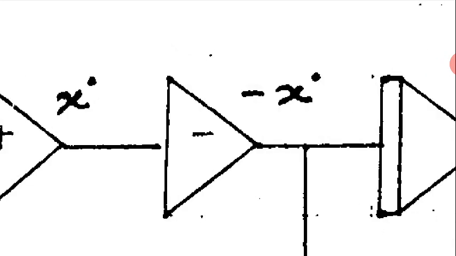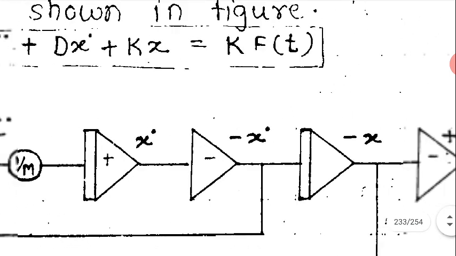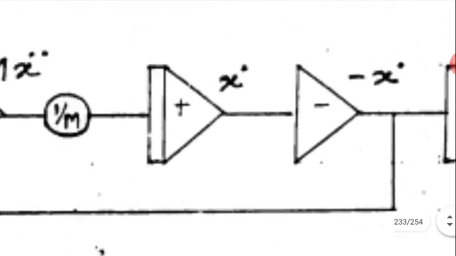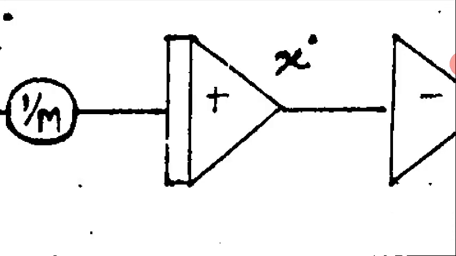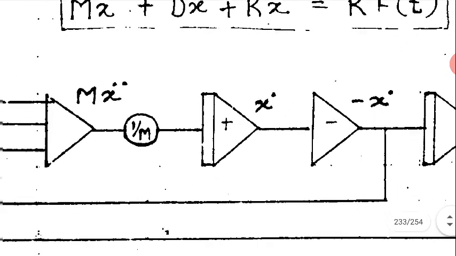The triangle which is having a minus sign is called a sign changer, and the triangle which is having a vertical line is the integrator.